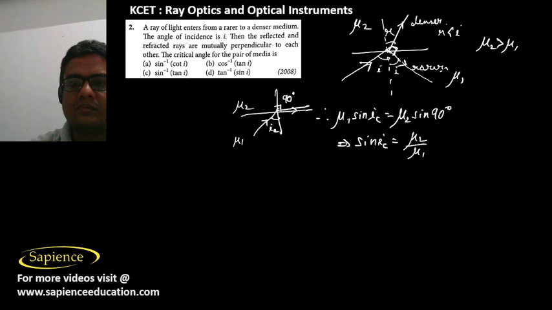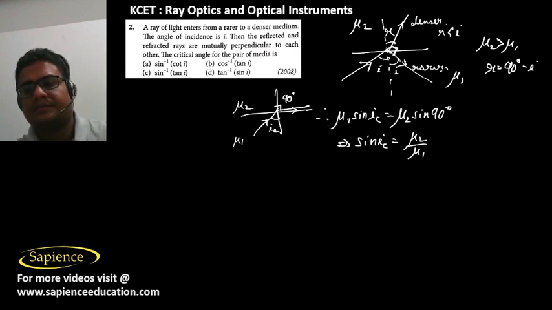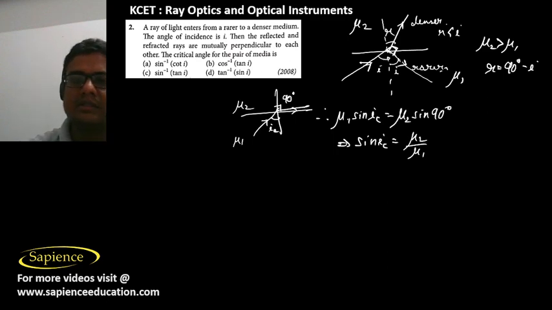Now from here we can see that the angle between these two rays is 90 degrees. So R is 90 degrees minus I, since R plus I is 90 degrees.